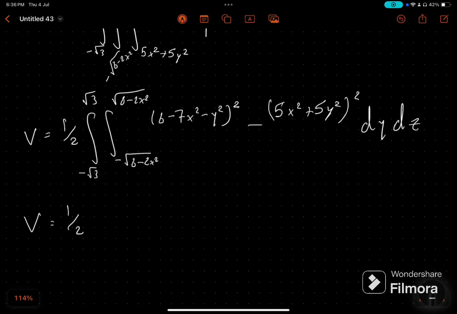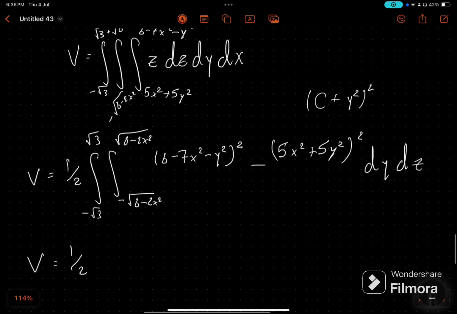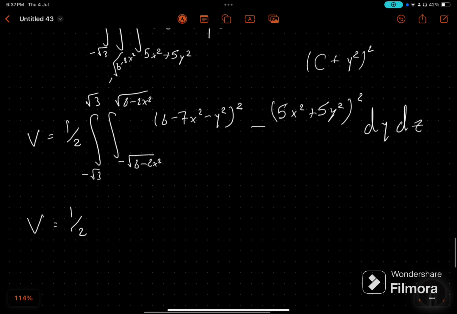So we have something like c plus y squared over 2, and we need to integrate it. We can just expand the brackets.